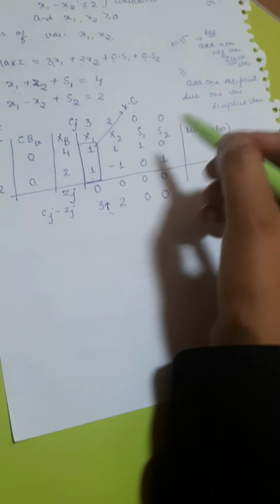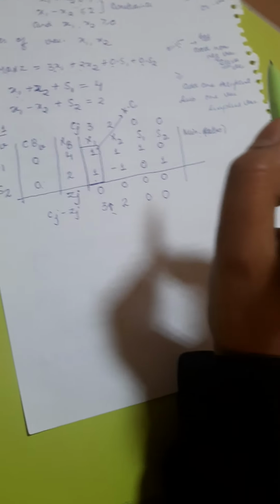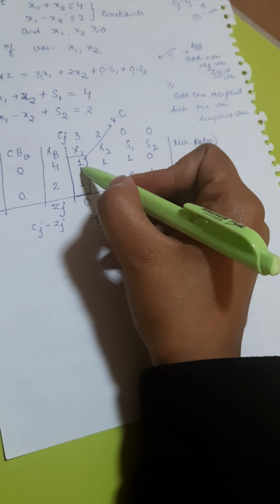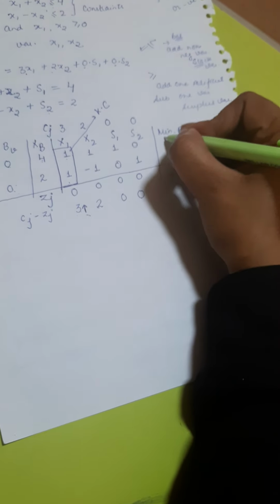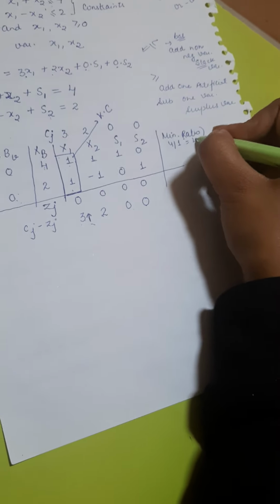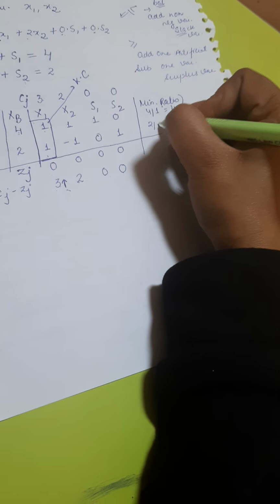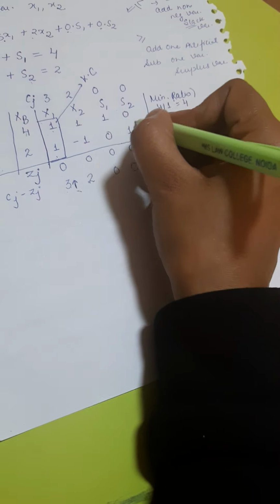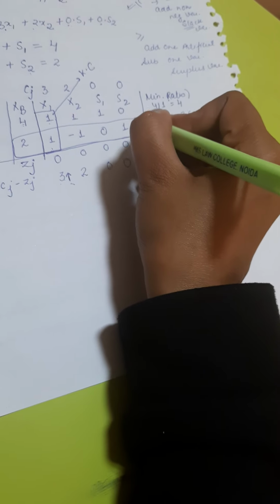Now what you have to do is find the minimum ratio to check what the key row is. So xb, the right hand side, divided by the key column element: 4 divided by 1 is 4, 2 divided by 1 is 2. So which one is minimum? 2 is minimum. So you have to mark this particular row.